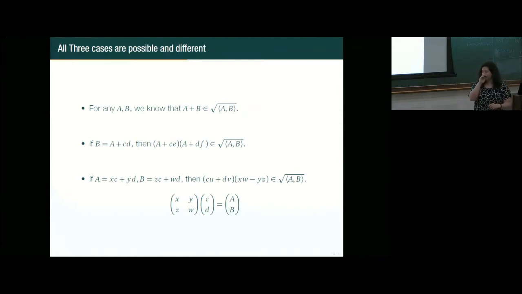Okay? But note that in this third case, there is the tensor rank of a quadratic polynomial, which is the minimal number of summands in which you can present it as a sum of products of linear forms.